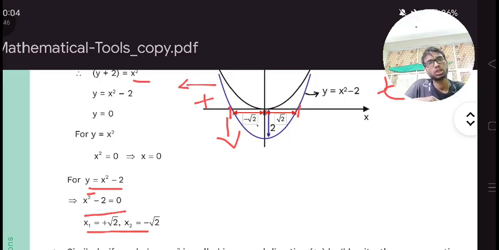It means this is going in this direction. Minus root of 2, not root of minus 2. You know that the value of root 2 is about 1.4.